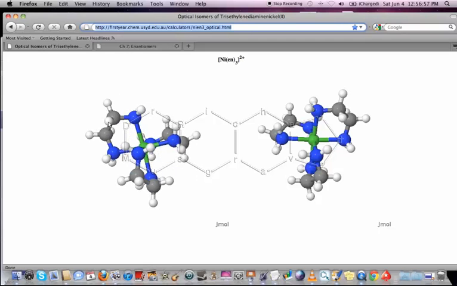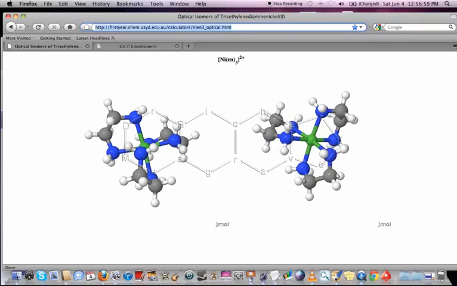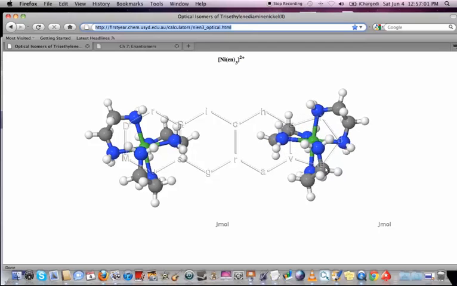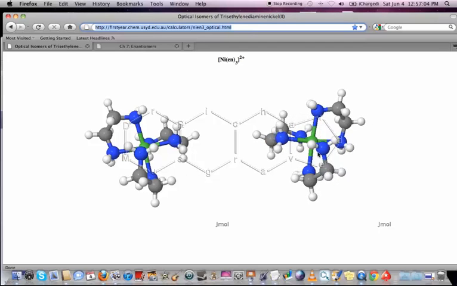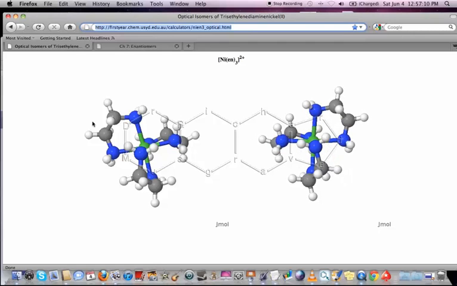See? This one's a mirror image. And you've still got this one at the back, and you've got this one in the plane of the screen, and that matches this one over here. So these two are actually mirror images of each other.